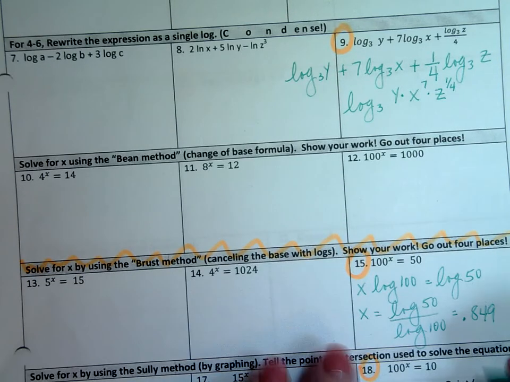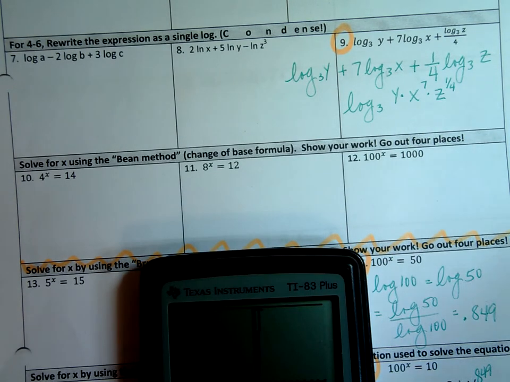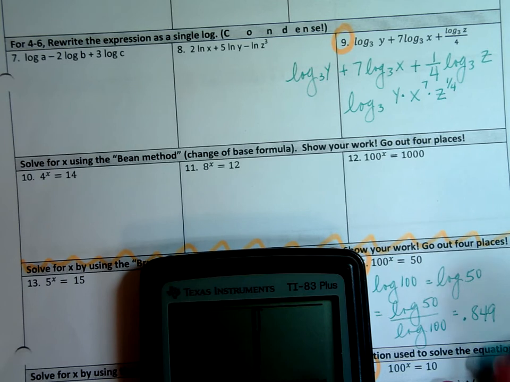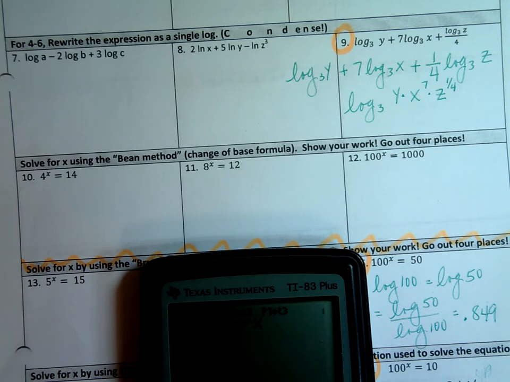Oh, it was 10. Silly me. Hold on a minute. Let me fix myself. I was all about that last problem. The second one needs to be a 10. There we go. My graph, there's 10. I want to calculate where they intersect.